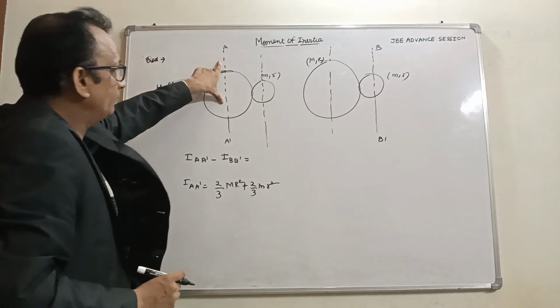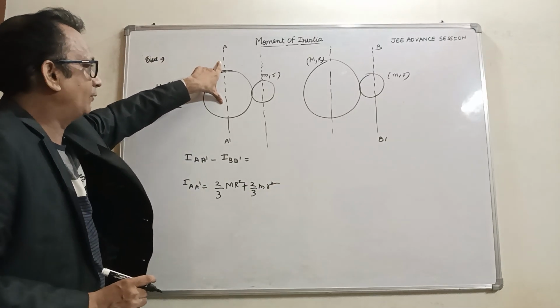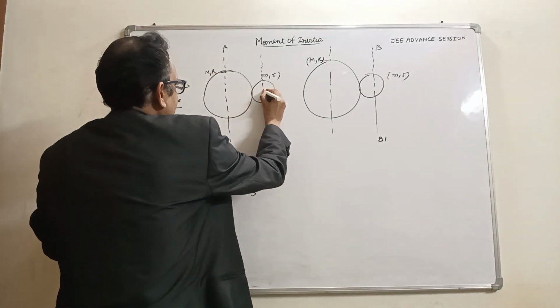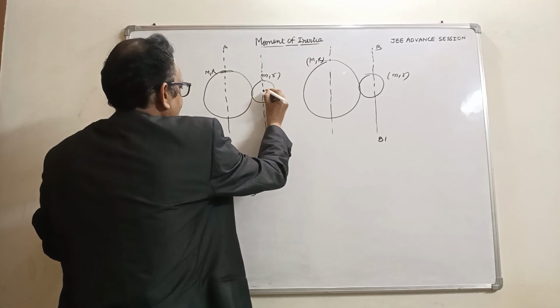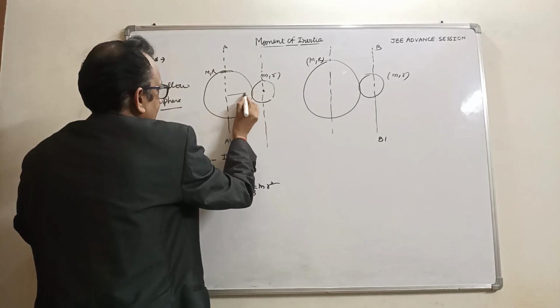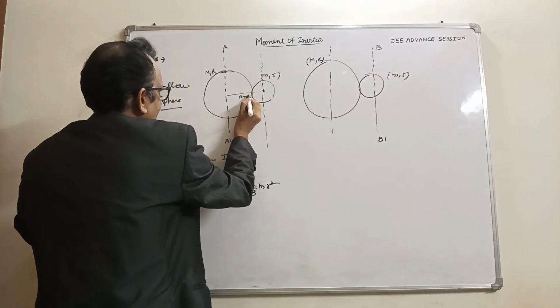And when finding the moment of inertia about this axis, suppose this mass is placed here. So mass m is here. The distance from here to here would be R plus r.